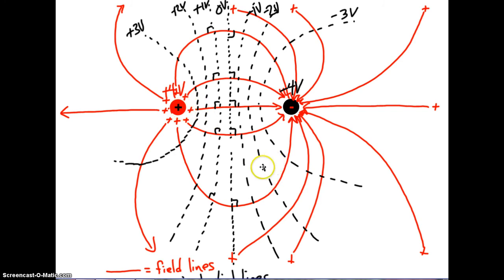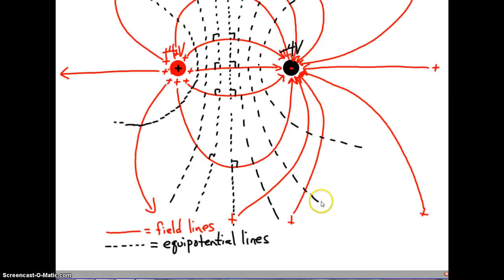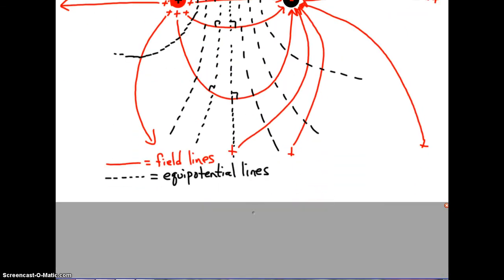So you cross 8 equipotential lines of whole number in order to get back to the positive charge, giving you a potential difference of 8 volts. Also keep in mind that there are also other equipotential lines in between these. We're just not drawing them.